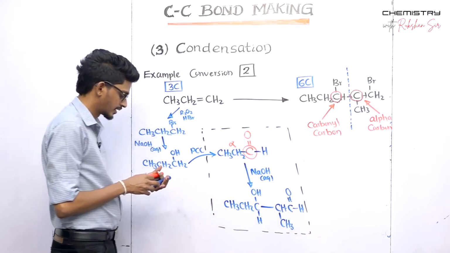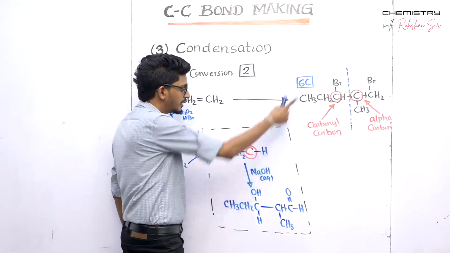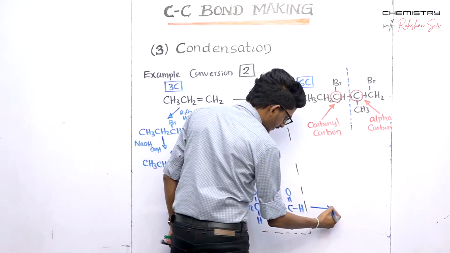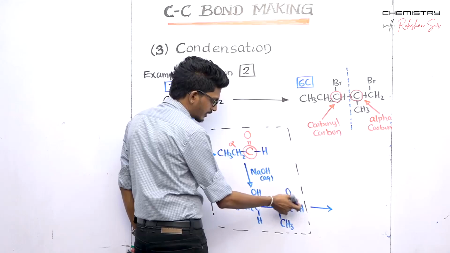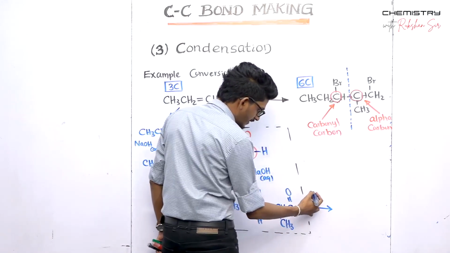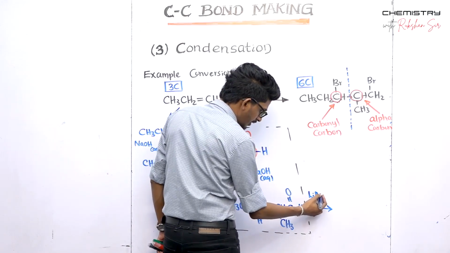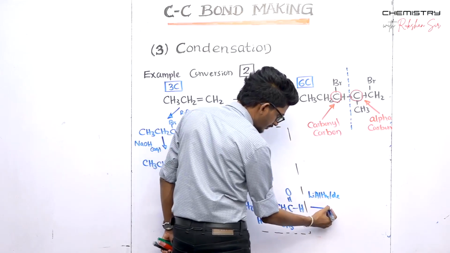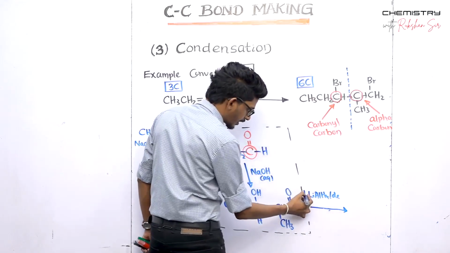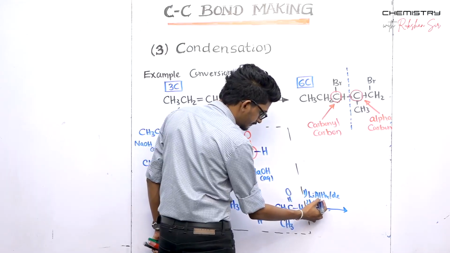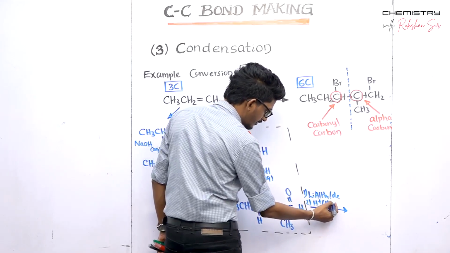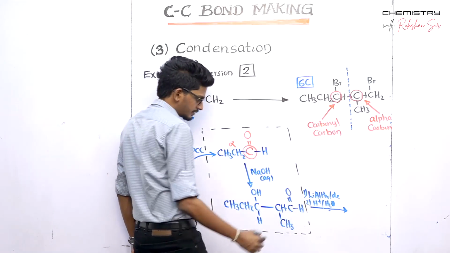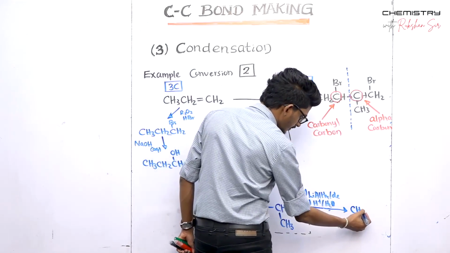So what we need to do? We need to convert this OH to a Br and this thing to a Br. Right. First of all, let's convert this into an OH by just adding lithium aluminium hydride in dry ether medium and coming up with some acidic workup. You can convert this aldehyde section into an alcohol section like this.